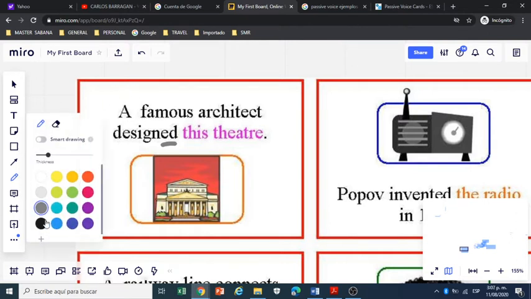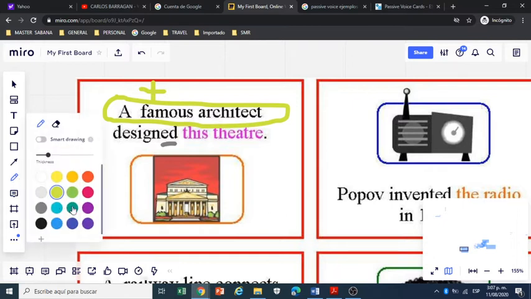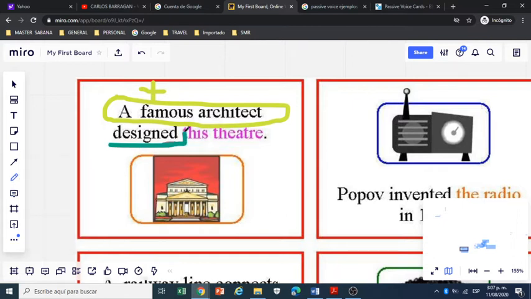Okay, the most important part is who does the action. A famous architect is the most important. Okay, most important. What about the action? The action is not important. Okay, this is not important. Okay, we are going to transform this from active voice. This is active. Okay, active, from active voice to passive.